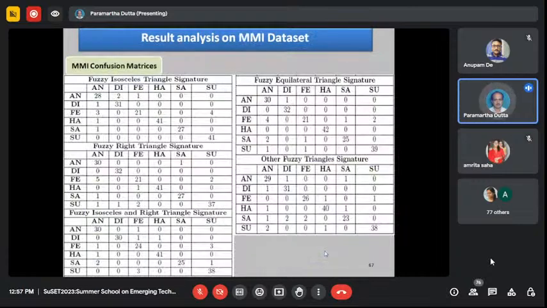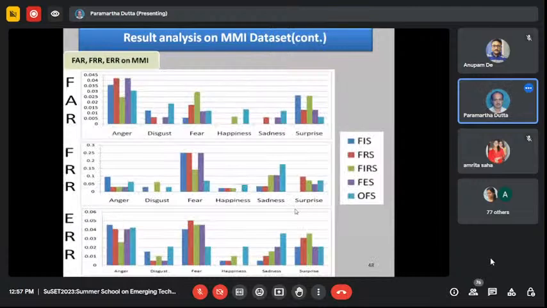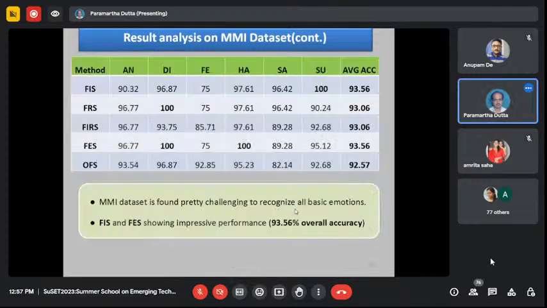Coming to the MMI dataset, these are the 5 confusion matrices, with different performance parameters comparatively shown here. As far as the MMI dataset is concerned, these are the findings. The MMI dataset is found pretty challenging for recognizing all basic emotions.